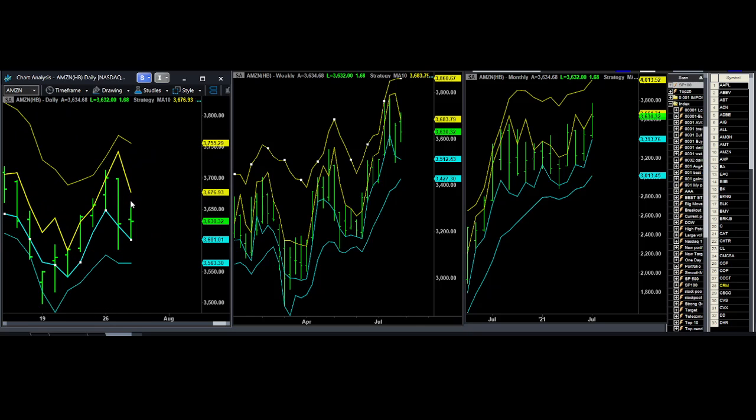For example, for this daily chart for Amazon, this is yesterday's data. Right now, today is July 29th in the morning. So on the daily chart, this is July 28th, and then this is July 27th.